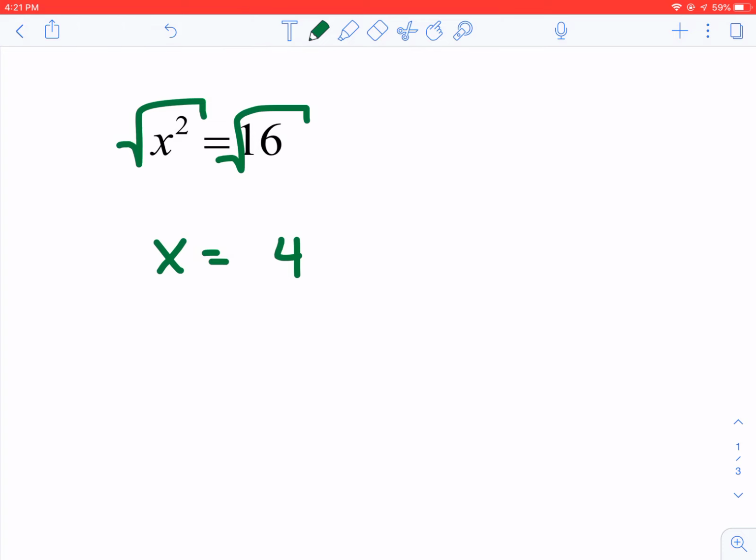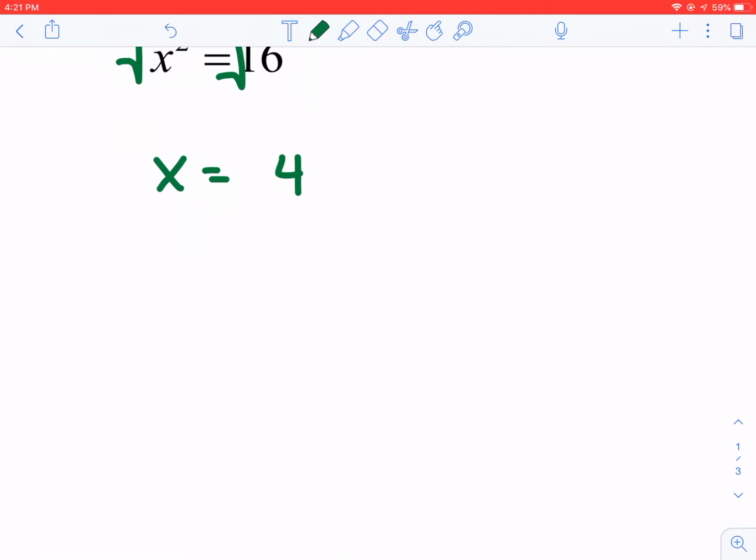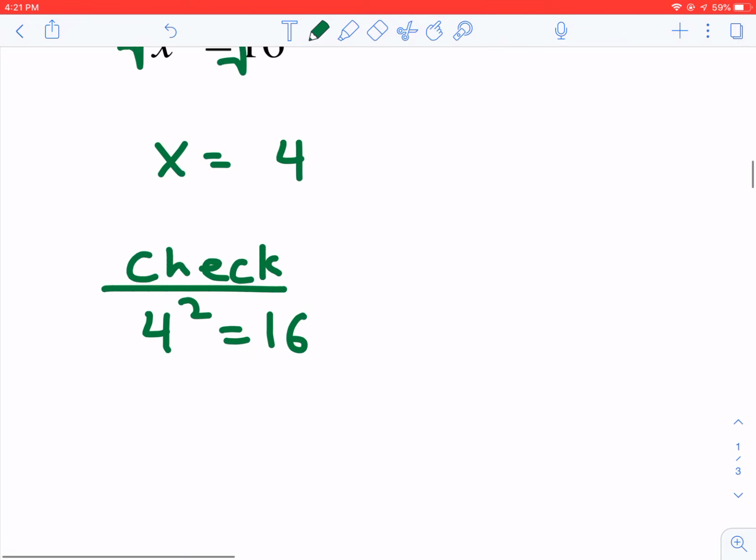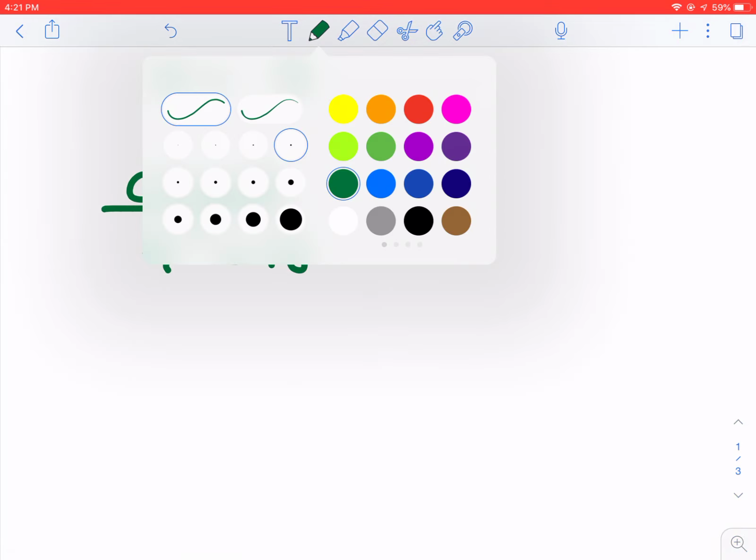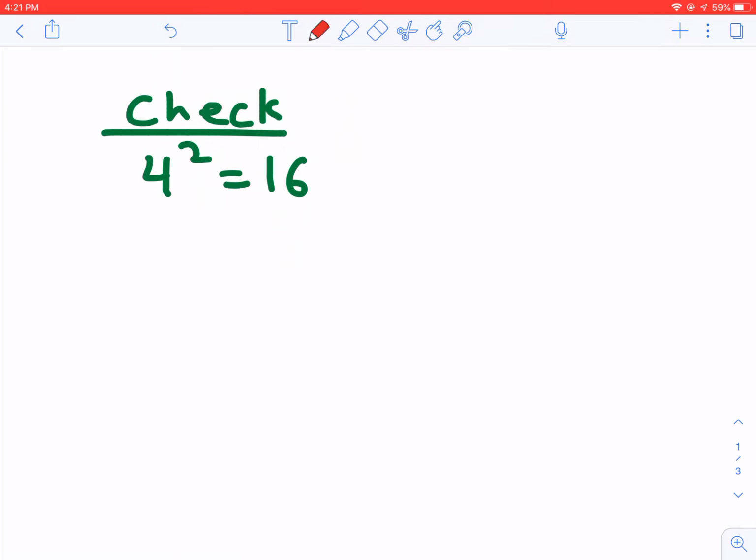But let's think about this for a second. Is 4 squared the only thing that gives us 16? We know 4 is a solution because 4 squared equals 16. But is there another number squared that equals 16? I'll let you know the answer is yes. There's something else squared that equals 16. And we need parentheses for the second answer.